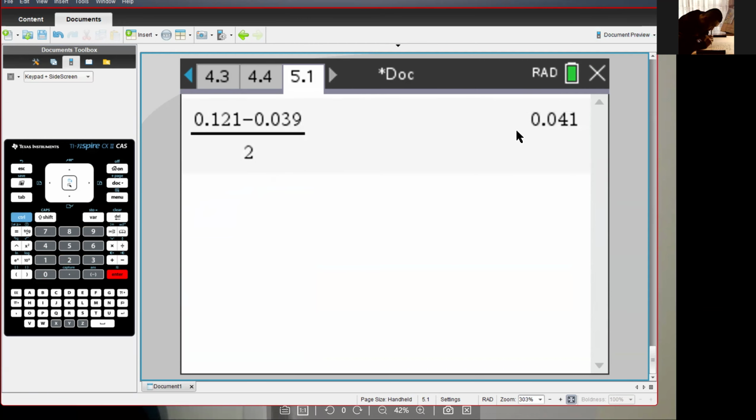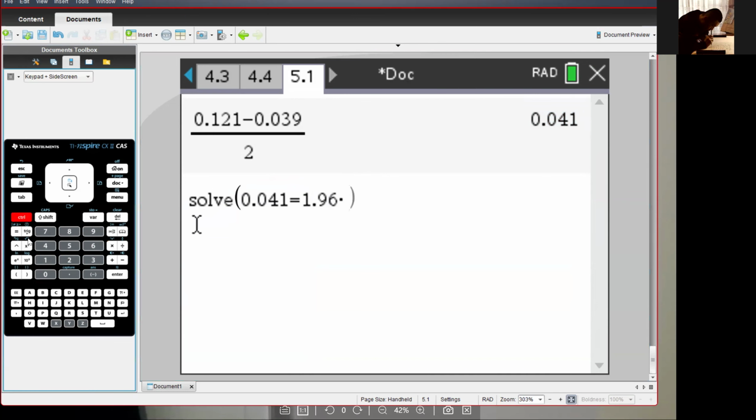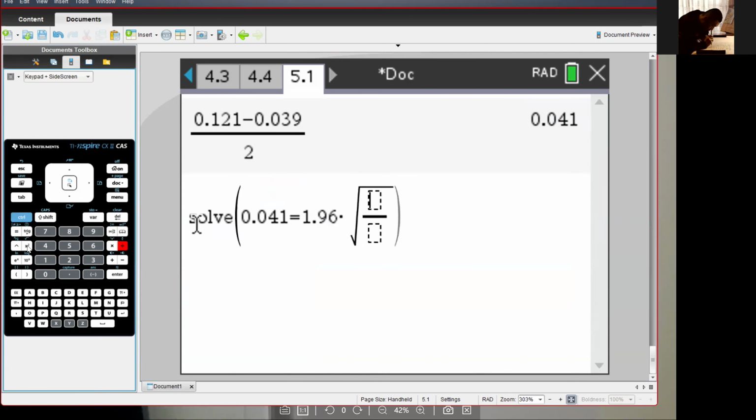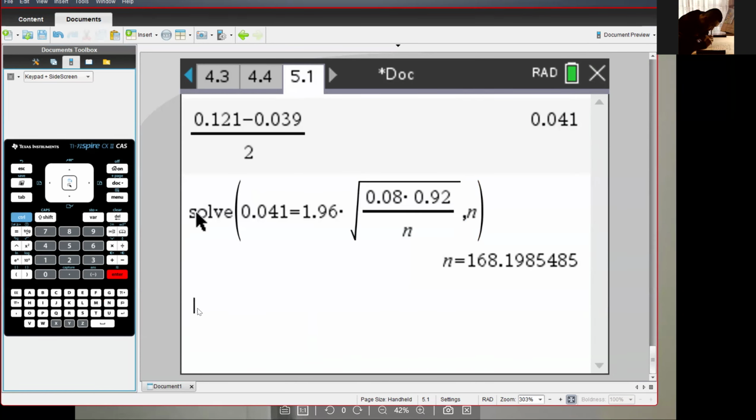And for 95% confidence level, I can say this bit equals 1.96, something along this line. Take a square root. The sample proportion is 0.08 times 0.92 divided by n. You can see actually the n value is roughly 168, etc., okay? So be aware of this kind of variation.